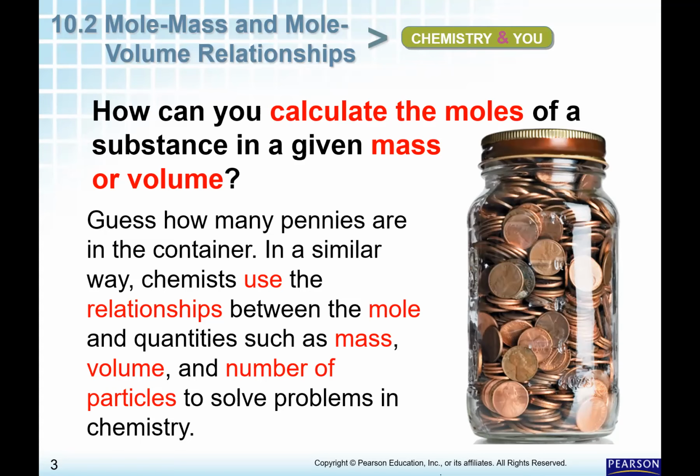It's not impossible, but it will be harder to empty the content of this bottle and start counting one by one. Instead, what is your suggestion in order to guesstimate, so to speak, how many pennies are inside that jar? What do you think you can do?